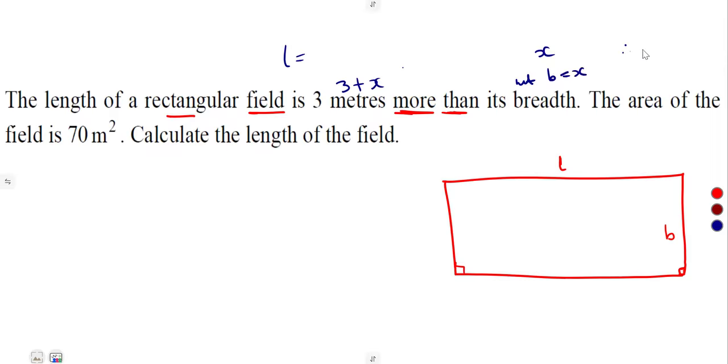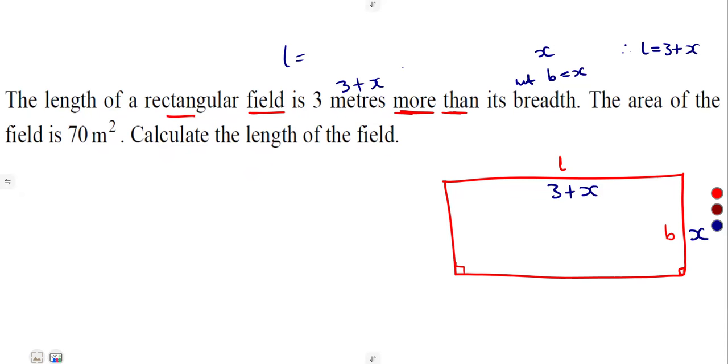Therefore, the length is going to be 3 plus x. It's not 3 times, it's 3 more, so you just add 3. Where you see the length, it is 3 plus x. Where you see the breadth, it is x.